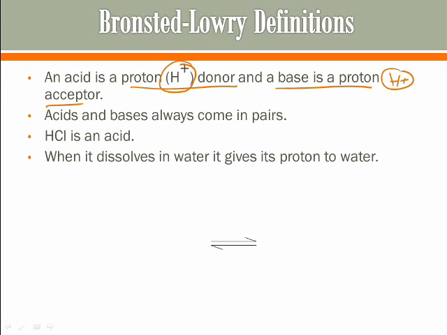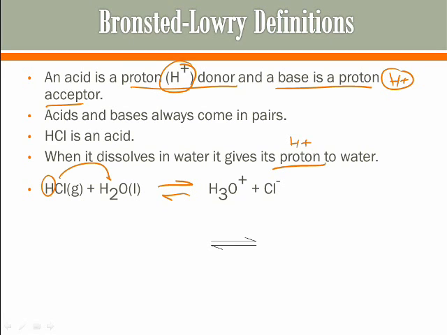HCl is an acid. When it dissolves in water, it gives its proton to water, the H plus to water. Example here, and I guess that's what this arrow is doing down here. We should have a double arrow here. The HCl, hydrogen chloride, in water will then give its proton to water, and now we have H3O plus and Cl minus.